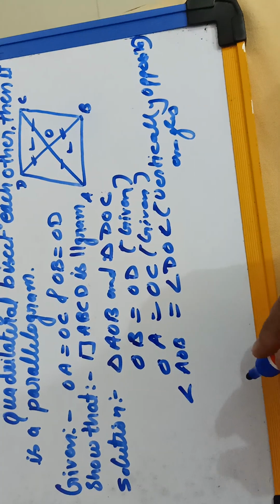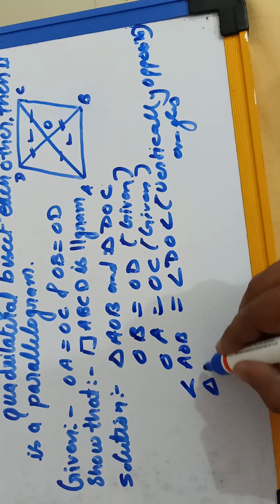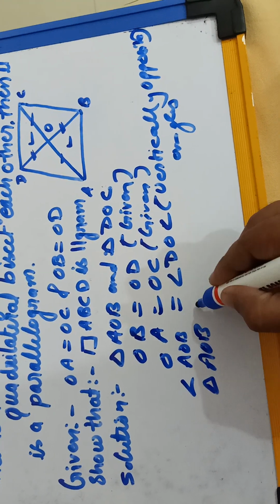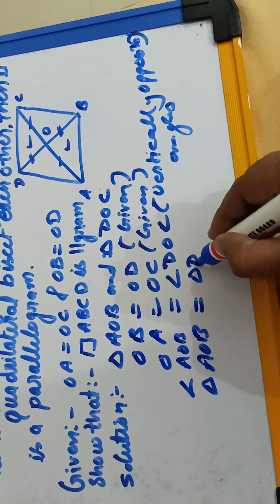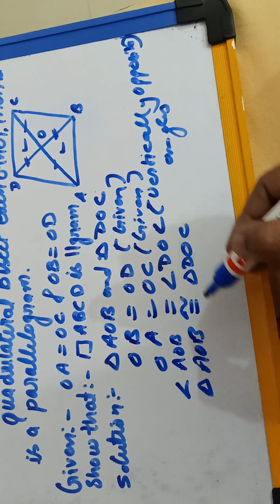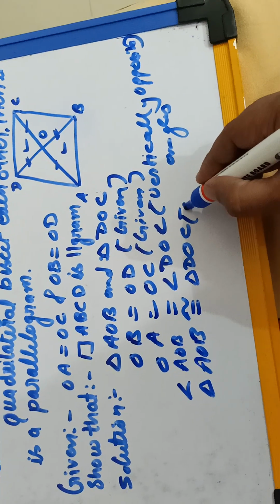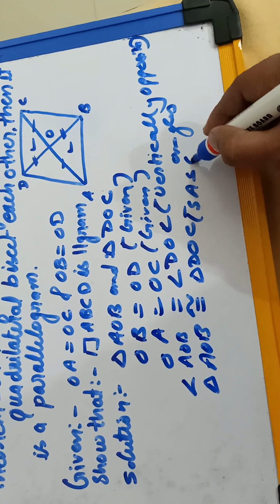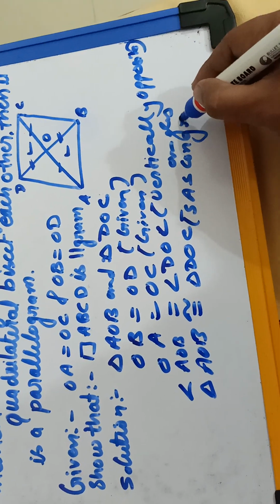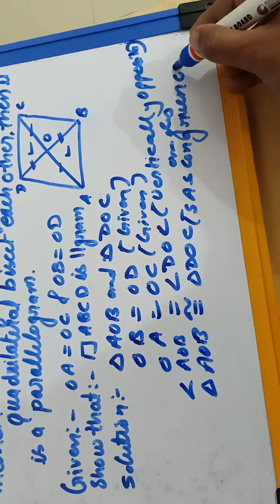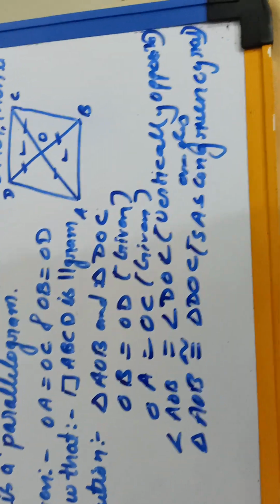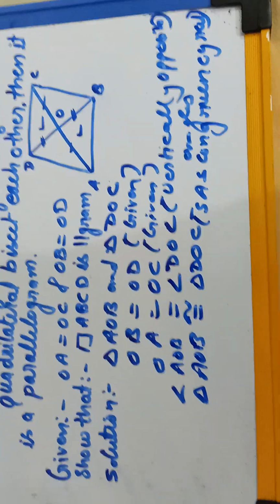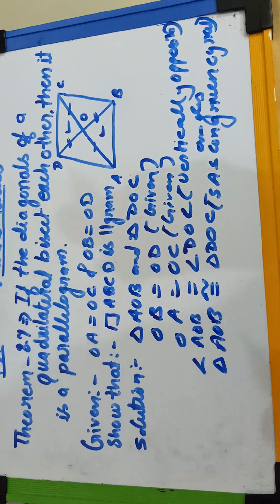So both the triangles, triangle AOB is congruent to triangle DOC by side angle side congruency rule.